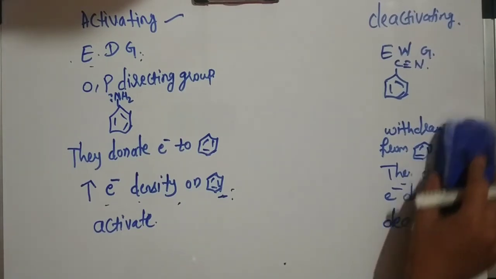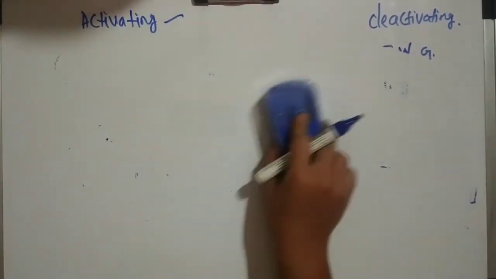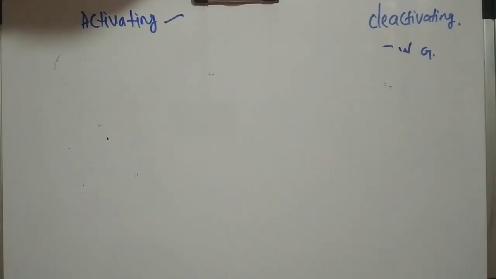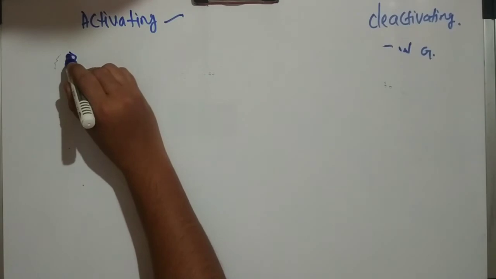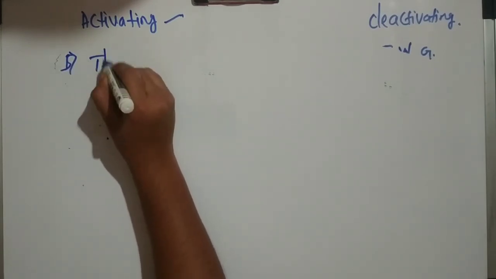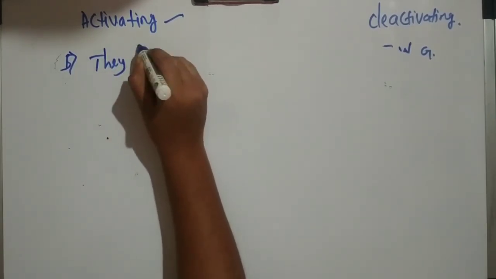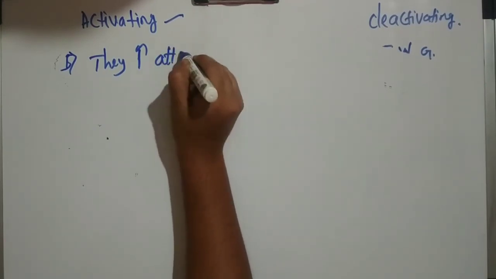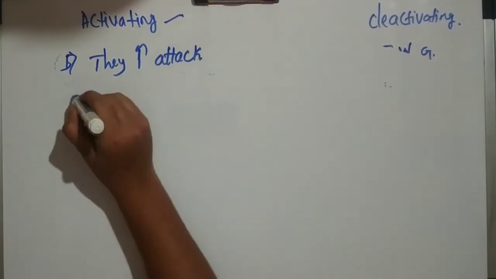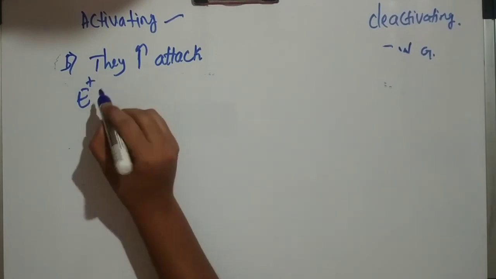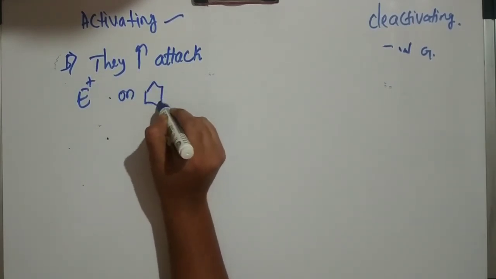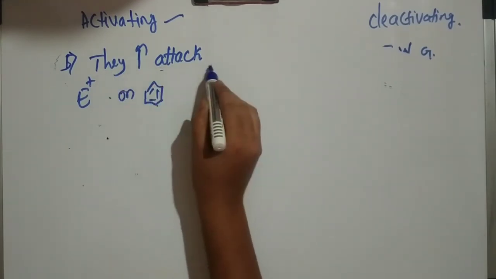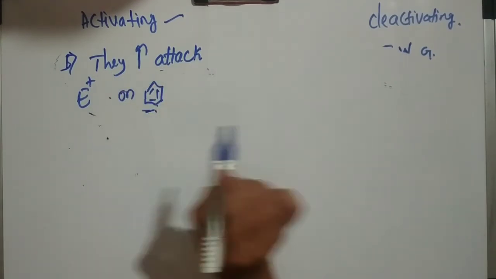So what will be the fifth differentiation? I hope you are understanding. If you have doubts, you can contact me. What is the fifth comparison? They increase the attack of electrophile on the benzene ring.